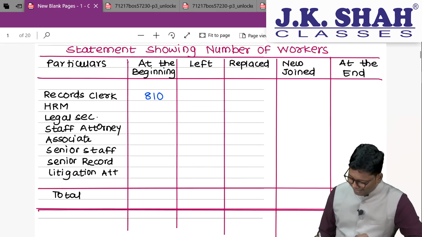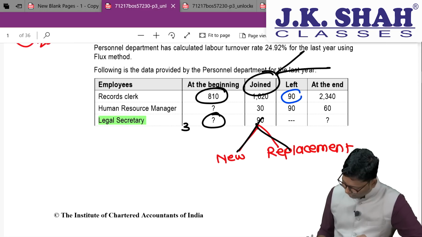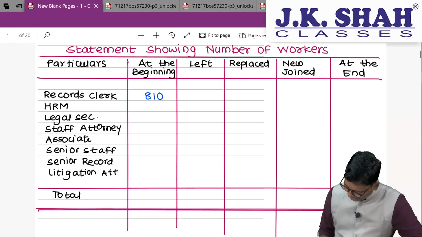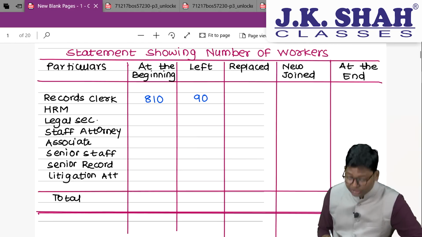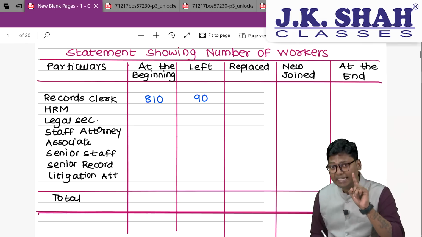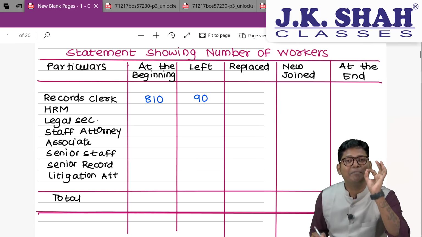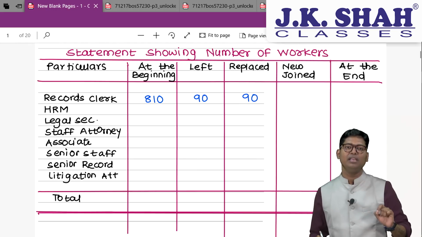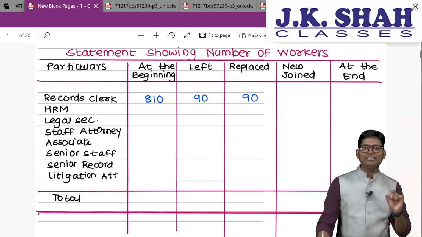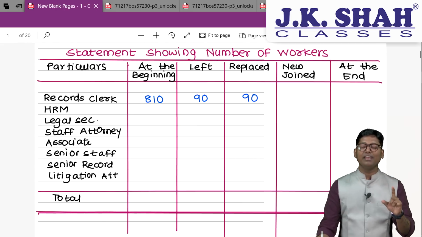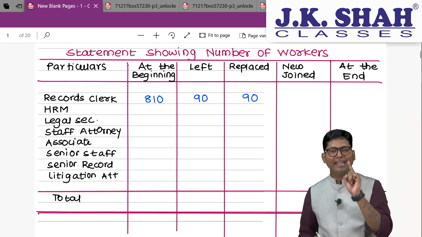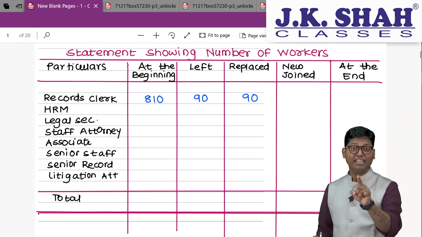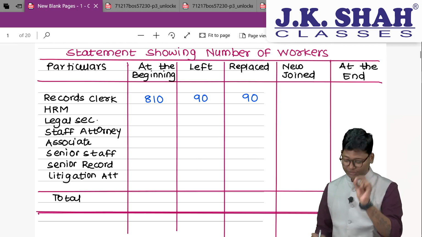Out of 810, left workers are 90. So total 90 workers have left the organization. If 90 employees have left the organization, maximum 90 replacements can take place. If less than 90 joinings are there, then fewer recruitments are there. But whenever more than 90 joinees are given in the question, in that case, at least 90 replacements will take place.